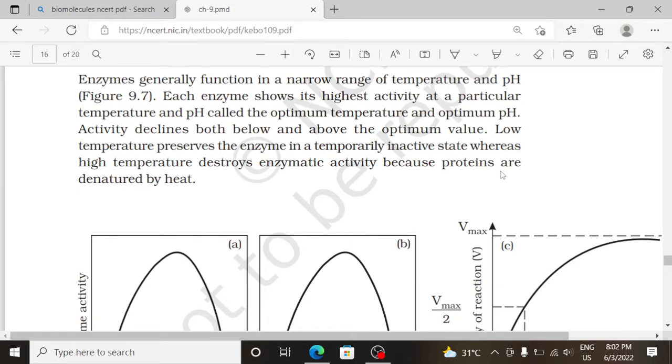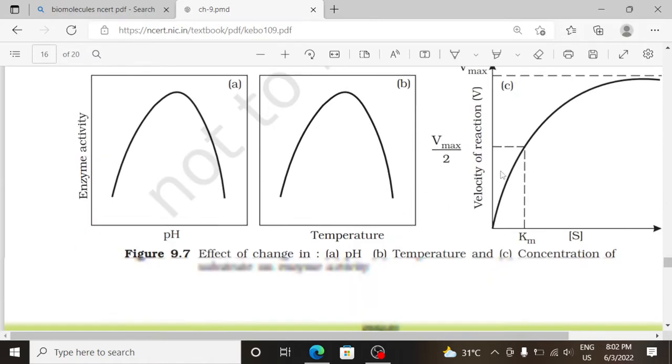Each enzyme shows its highest activity at a particular temperature and pH called optimum temperature and optimum pH. Activity declines both below and above the optimum value. Low temperature preserves the enzyme in a temporarily inactive state, whereas high temperature destroys enzymatic activity because proteins are denatured by heat.